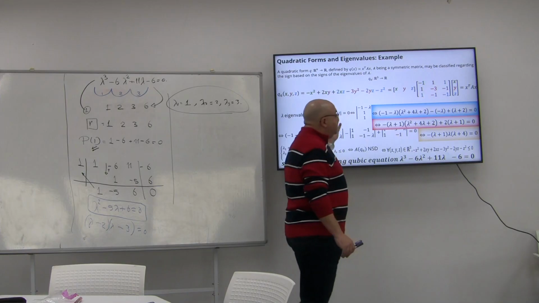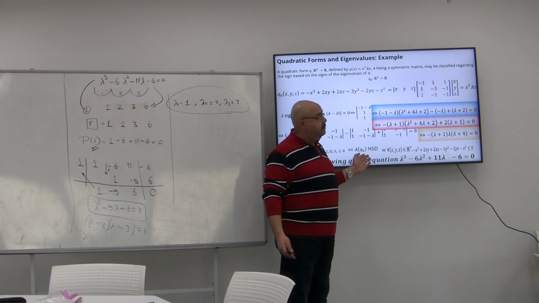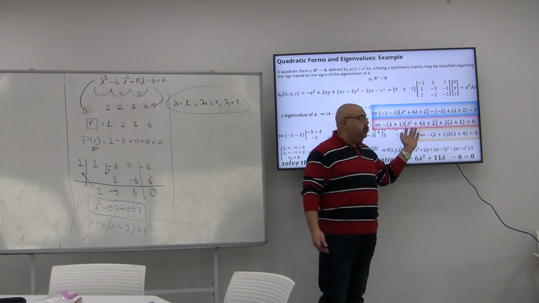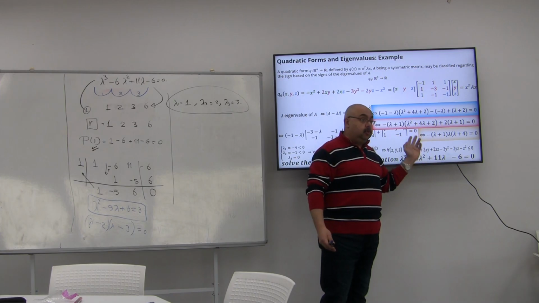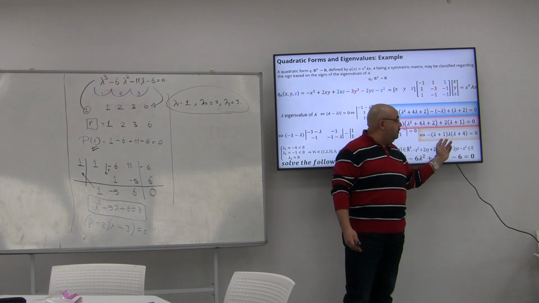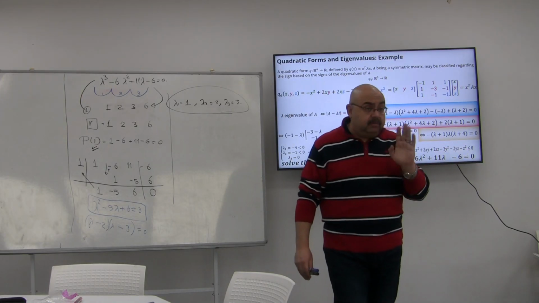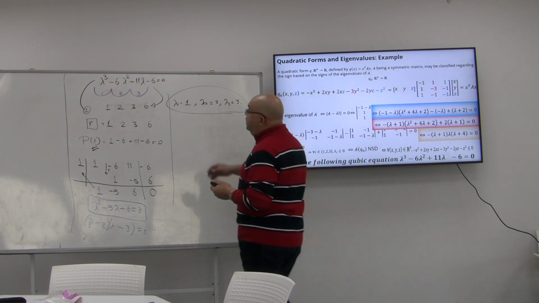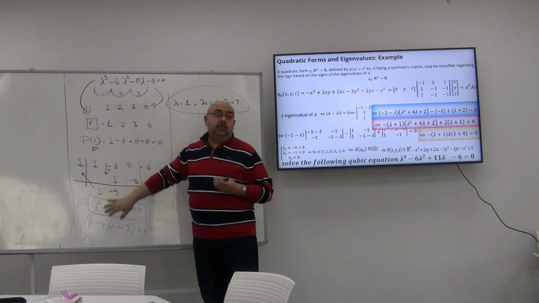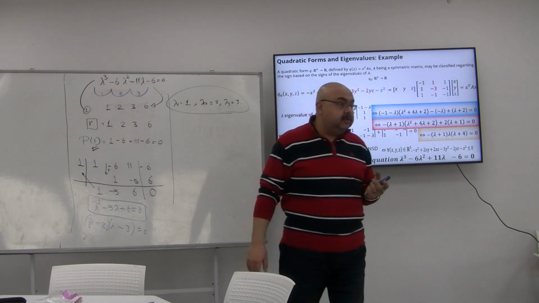Either after simplification you end up having a special case of cubic equation, where you take multiple common factors, and you will have some brackets multiplying each other, so you will be able to get the values of these eigenvalues. The general case is to have something like this, and this is how to factorize it in order to get the roots, which are the eigenvalues.